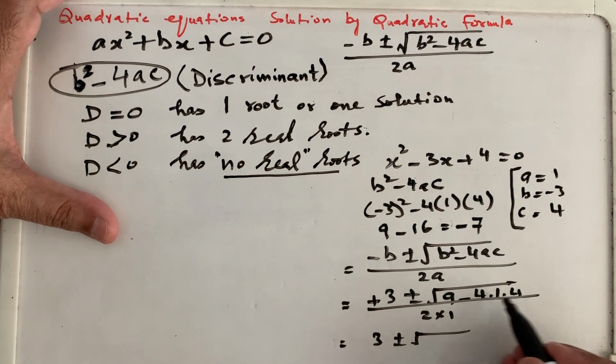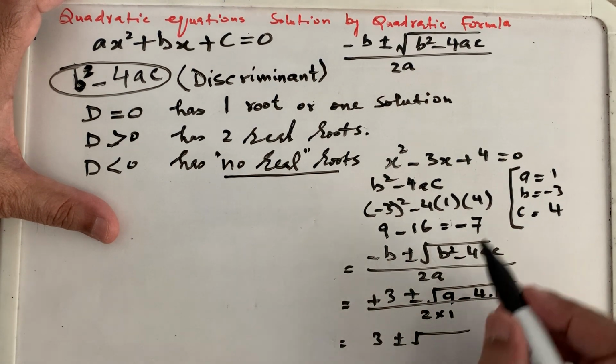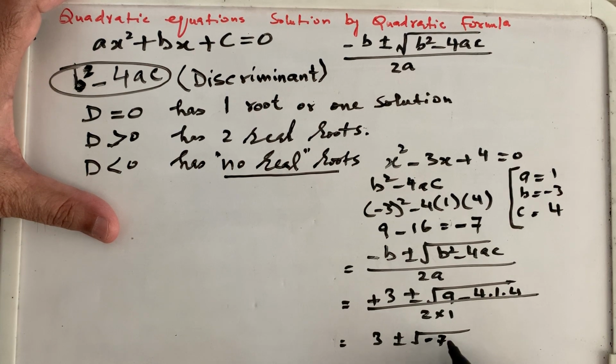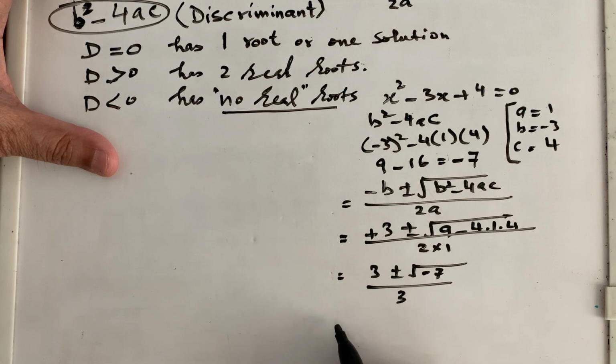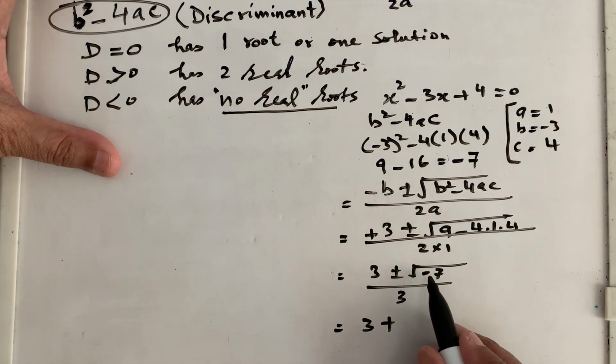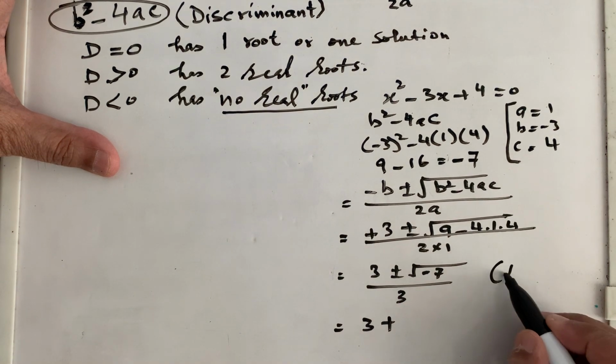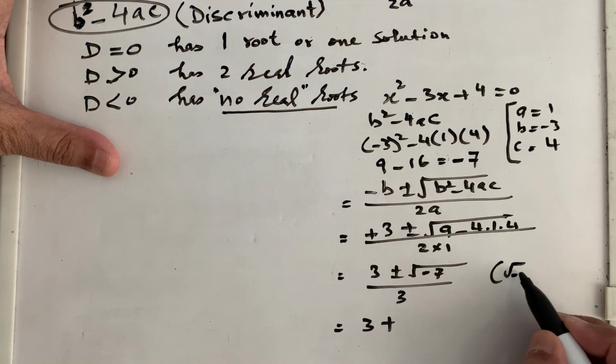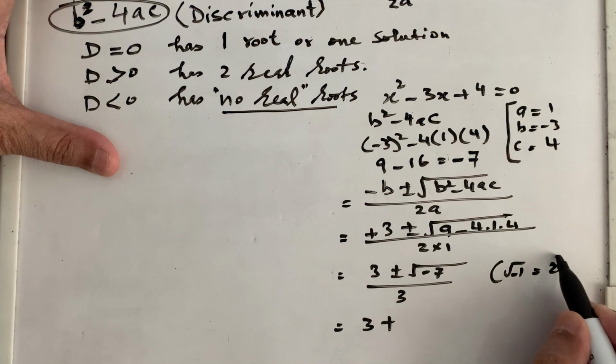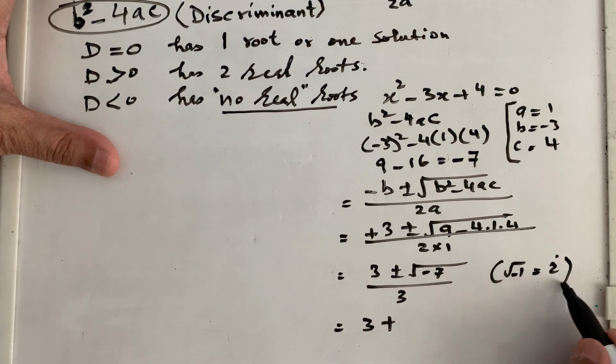So we did this part, 16 minus 9, which is minus 7, divided by 3. So there are two roots. We can write them as 3 plus and minus under root minus 1. Minus 1 is actually iota. I can substitute this with iota.